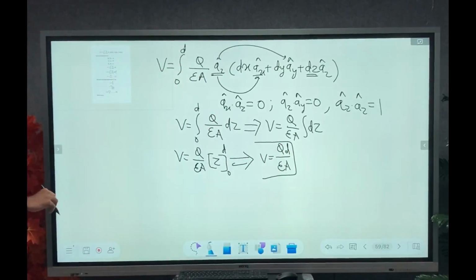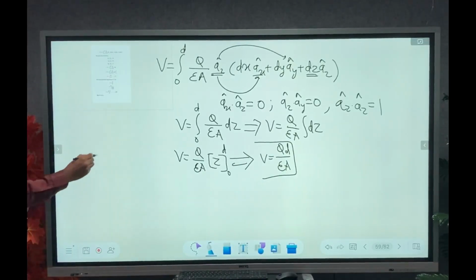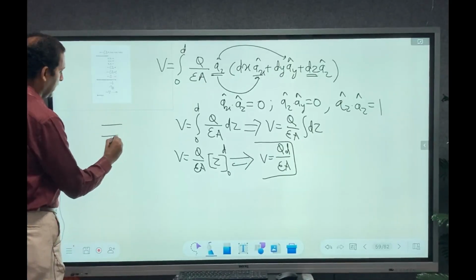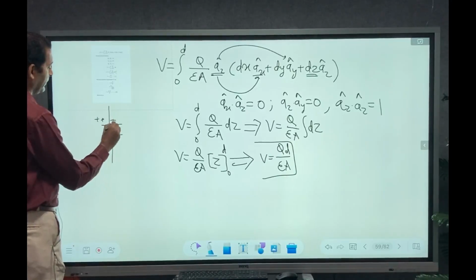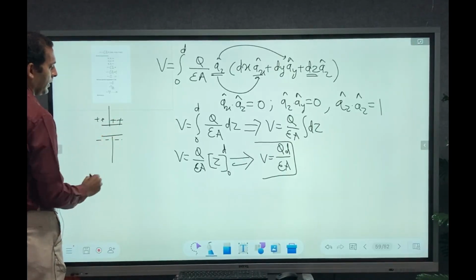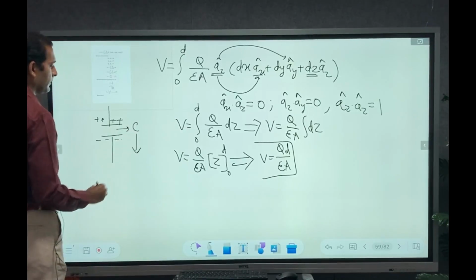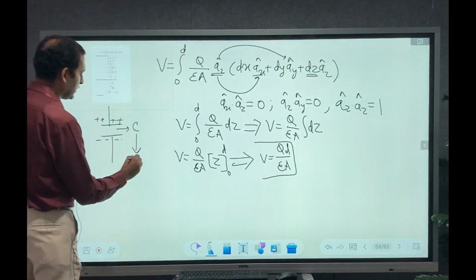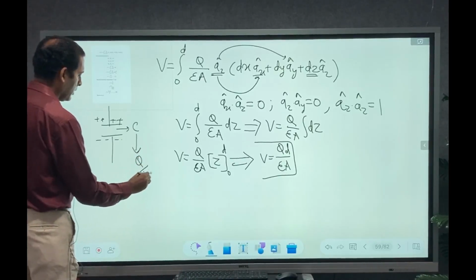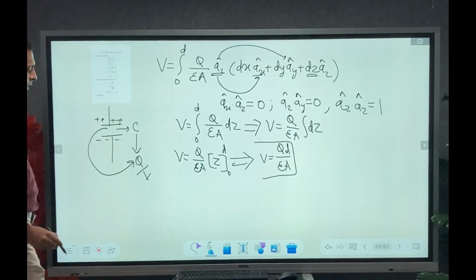Now what are we using this voltage for? This voltage is involved in the definition of capacitor. If we observe the diagram of capacitor, we have one positive plate, one negative plate. Then capacitance in this capacitor is defined as the charge per voltage, how much charge is being stored for the given voltage.